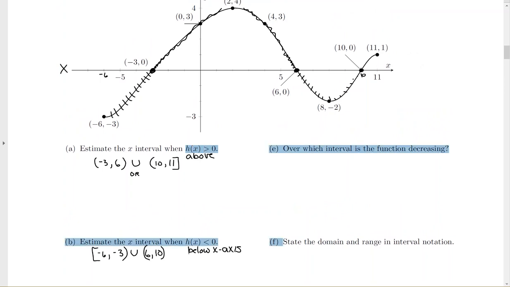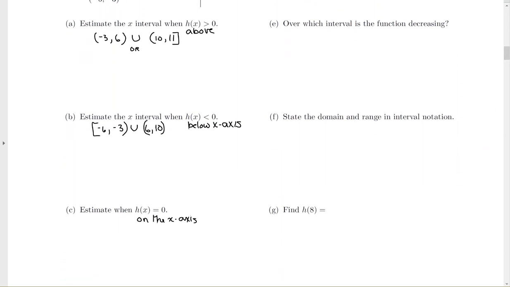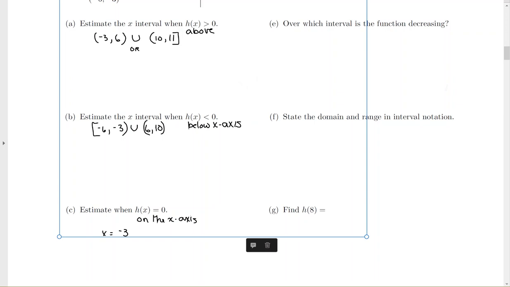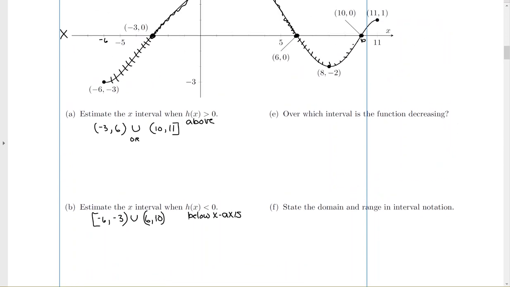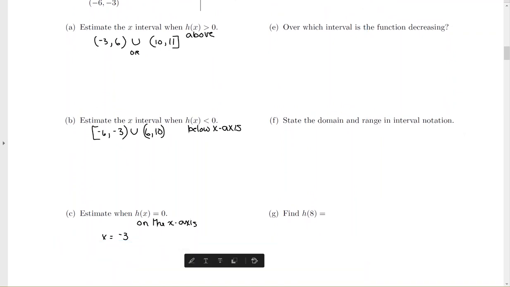Those are my values. That's not an interval, that's just the values of x. So when x equals -3, +6, and +10. Those are the x values where y equals 0.